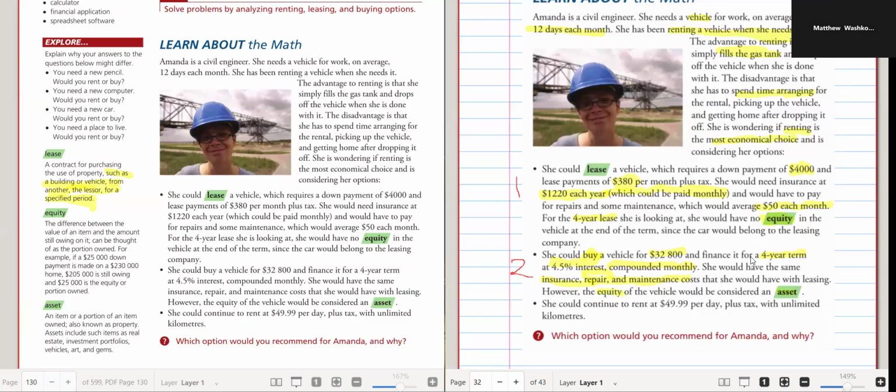If she's paid off that vehicle after 4 years, she owns whatever's left of it. And option three, she could continue to rent at $50 per day plus tax, with unlimited kilometers. Which option is better? Would you recommend for Amanda, and why?